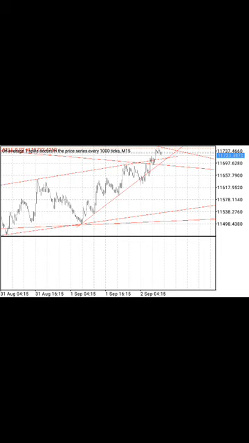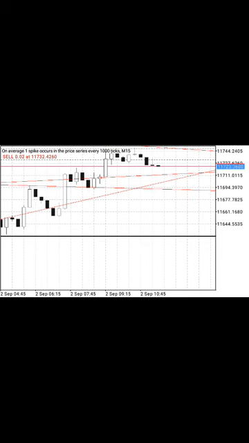So I picked this Boom 1000. If you looked at it, my stop loss zone was at 11748, whereas I picked the trade at 11342.